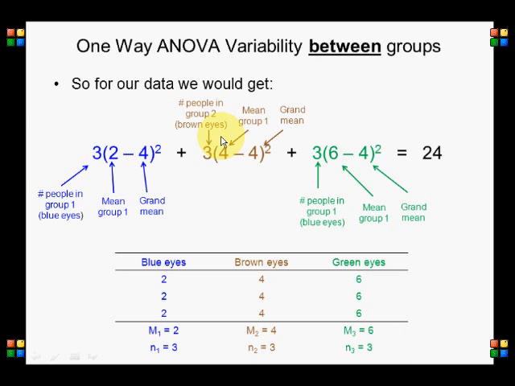So I do this again with my brown-eyed group, and I subtract the mean of the overall group of scores from the brown-eyed aggression mean, which is 4 minus 4, because it's the same, equals 0, squared is 0, multiplied by 3 is 0, so that doesn't really add anything to my between group variation. And then I add the green-eyed people, whose average aggression rating is 6, minus the overall mean of 4 is 2, squared is 4, times 3 is 12. So I have 12 plus 0 plus 12 equals 24.